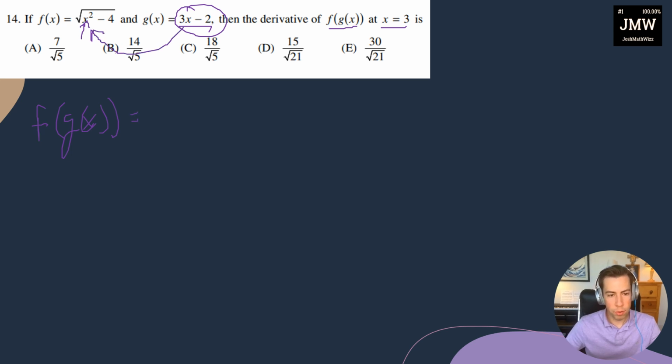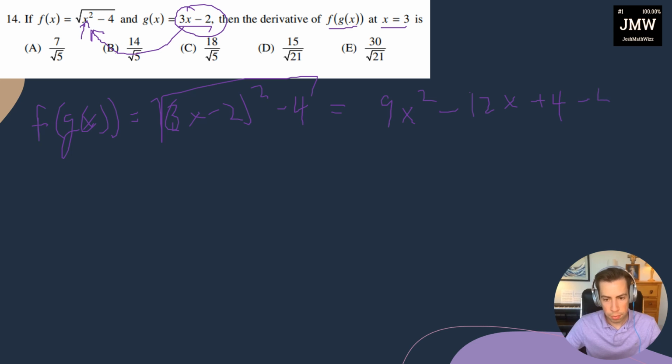Whenever I do that, I'm going to get 3x minus 2 squared minus 4, and then the square root of all that. Now, I can go ahead and simplify this down. It's going to be 9x squared minus 6x, and then, sorry, minus 12x, because I'm going to get negative 6x minus 6x, so negative 12x, and then plus 4.